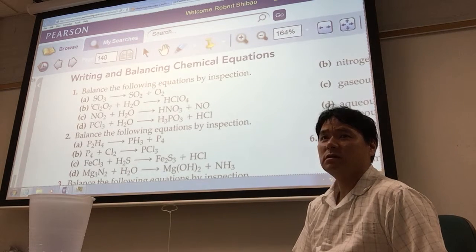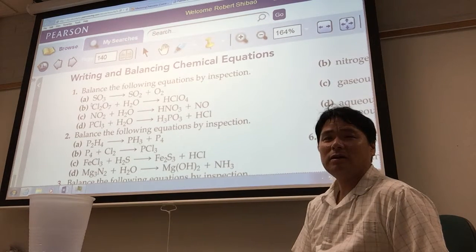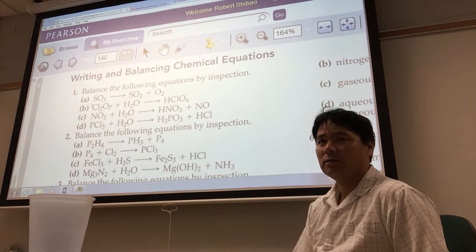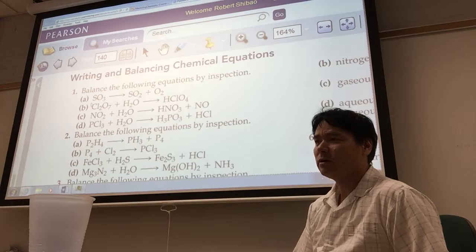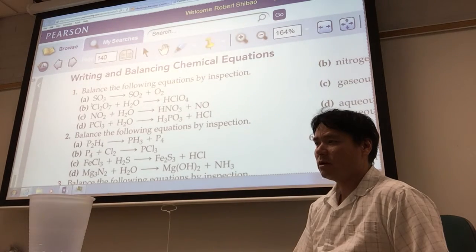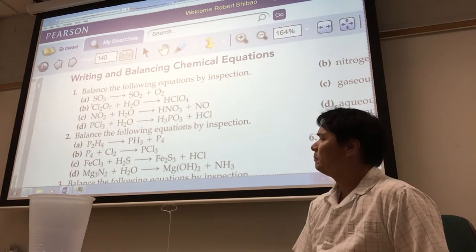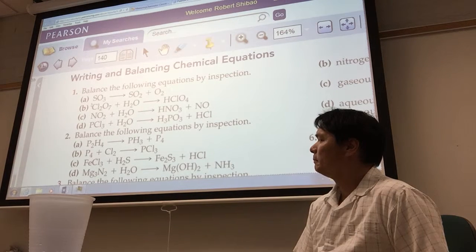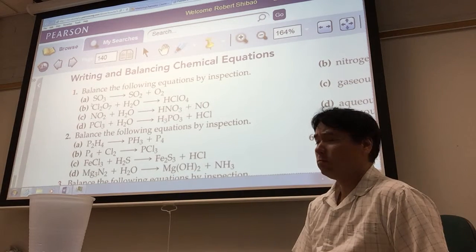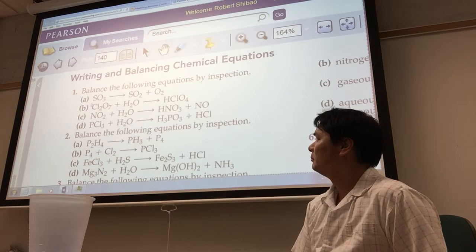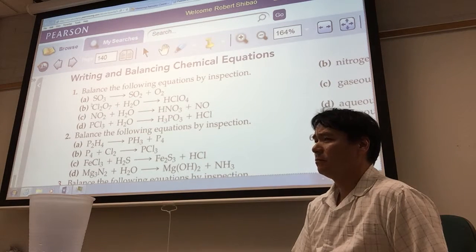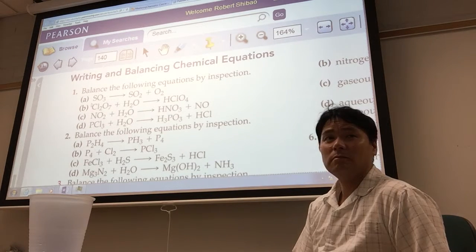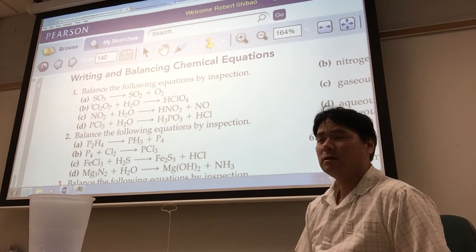And then we went from +6 to +4, which means it gained electrons. But where did the electrons come from that it gained? It had to come from somewhere. Where do those electrons come from? You see?